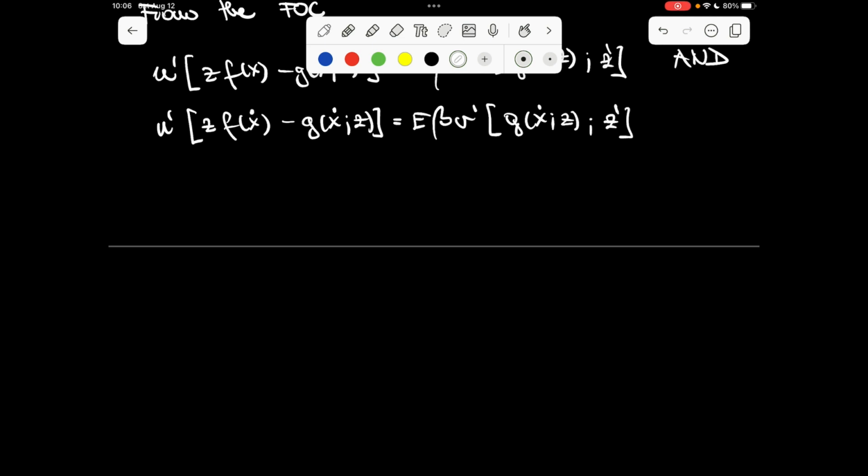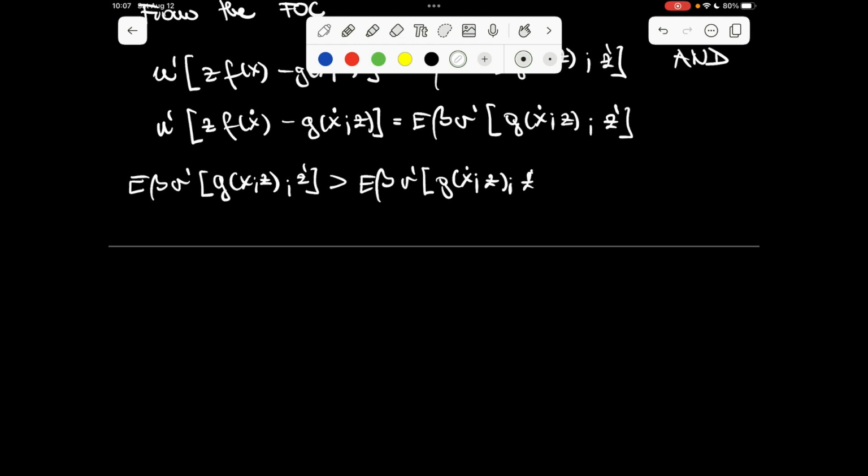From this, it follows, by using the relation between the marginal utility function, this is the immediate consequence of the relation between the marginal utility functions. Okay.